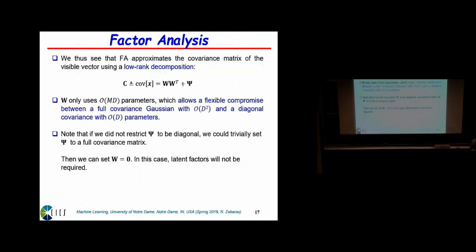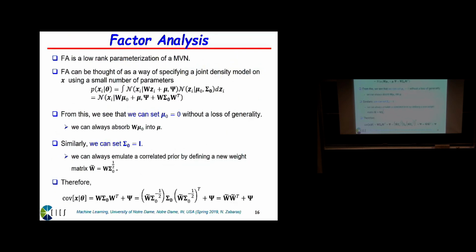So how many parameters do we need for this model? Can somebody count them? You told me we need D squared for a full multivariate Gaussian in D dimensions. Do we have a D squared count here? Look at all the variables that have been introduced. Let's say we use a very general diagonal psi.